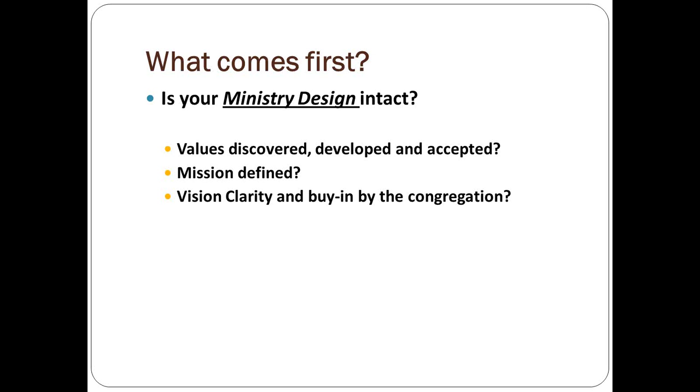Do people understand the vision? Does it make sense to them? When asked, can the people who attend your church clearly state the vision? Why don't you do this? Test it. Ask 10 different people about the vision of the church. Their responses will help you clearly understand if the vision is clear.